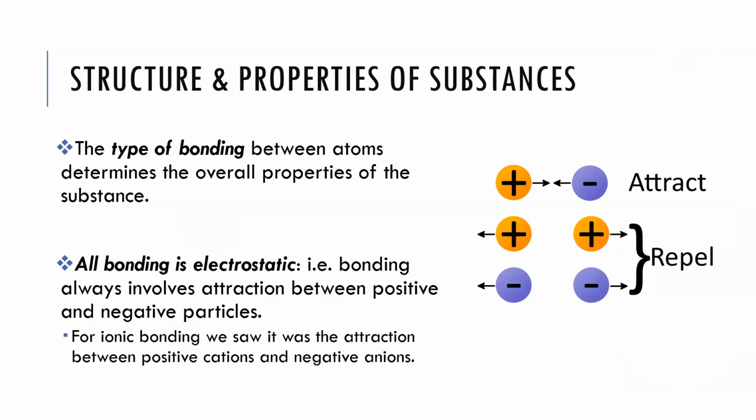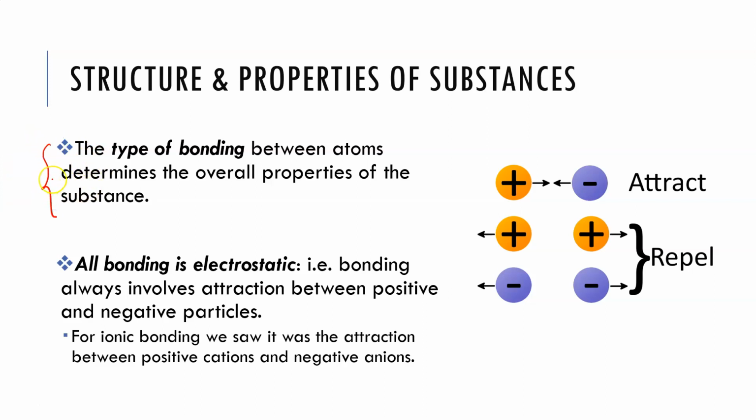So when we're talking about substances in terms of their structure and properties, it's really important for us to understand the nature of bonding that exists between atoms in a molecule or a compound in order for us to predict the way they will behave. So essentially what this is saying is that the type of bonding between atoms determines the overall properties of the substance.